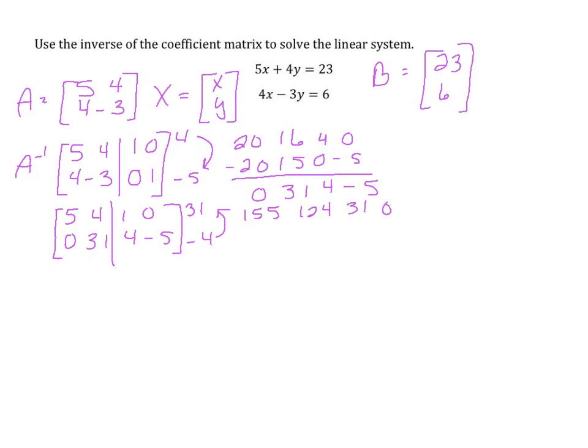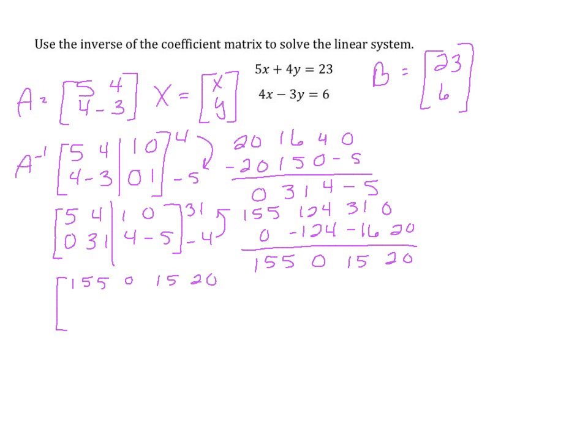So multiplying the bottom row by negative 4, we get 0, negative 124, negative 16, and 20. So 155, 0, 15, 20. And we didn't change the bottom row.